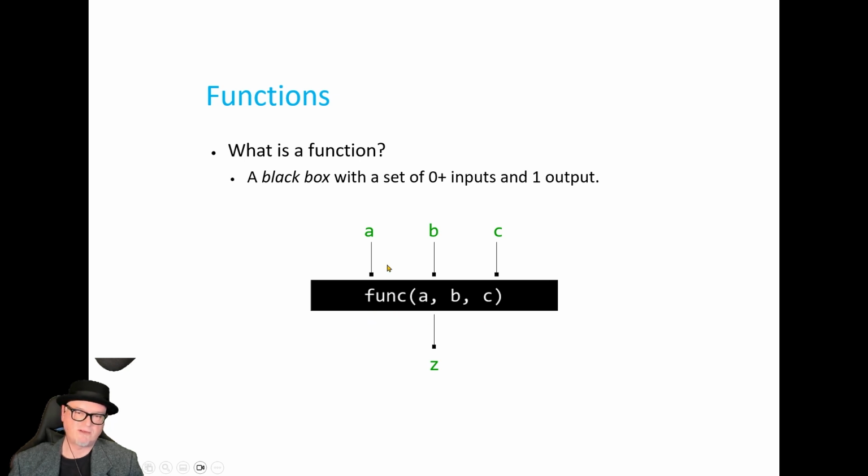We have 3 inputs, A, B, and C. We put in A, B, and C. Maybe they're strings, and we get out something else. We get out a Z. But maybe we name that function add, and the 3 inputs are integers, and we add them up. 3, 6, and 7 add up to 16. The input, integers. The output, the result of some work. We've added those integers together.